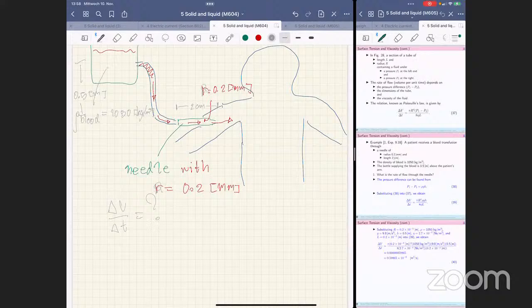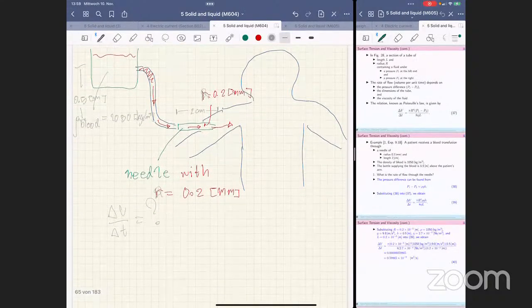R is already there, and the pressure difference, P1 minus P2. P1 is right here, this is P1, and here is P2, the pressure at this level. So what do you think P1 and P2 are?